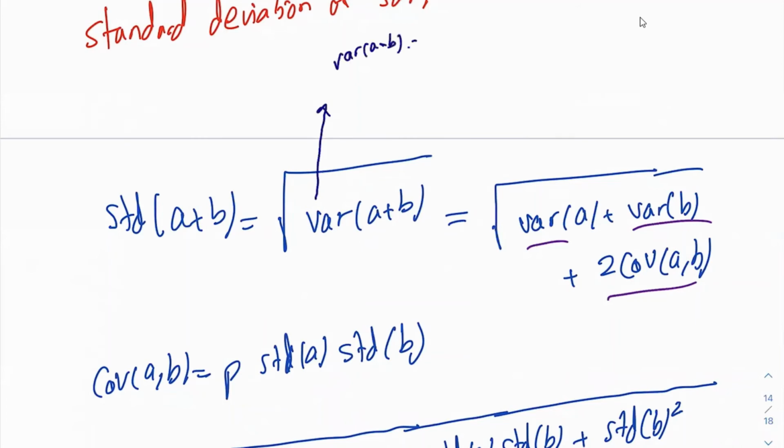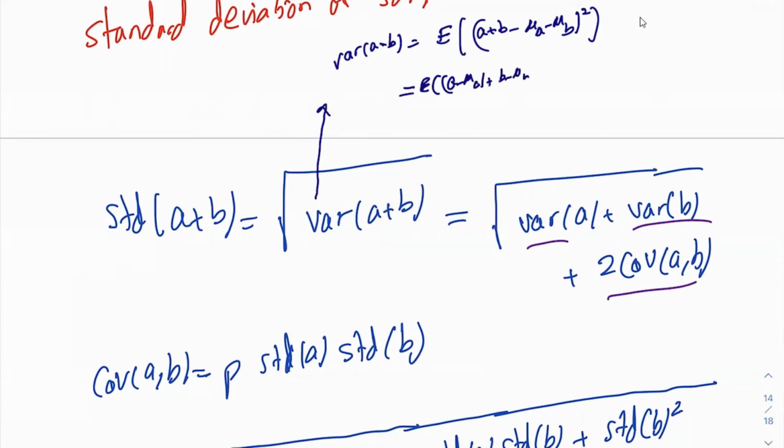So for the variance of A plus B, if you want to see it better, you can write it like this: expected value of A plus B minus mu of A, mu of B, squared. Let's write a little more: A minus mu of A plus B minus mu of B, squared.